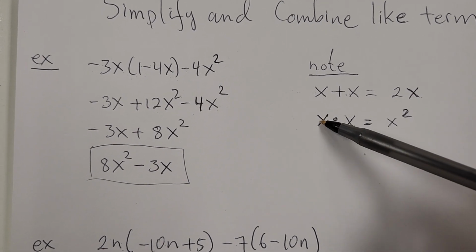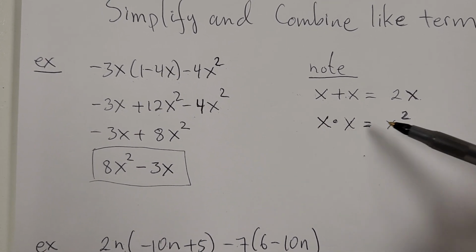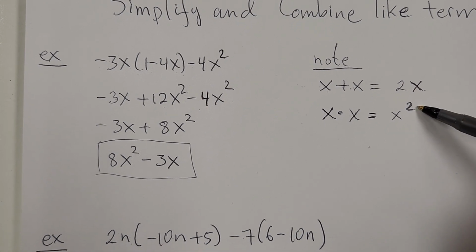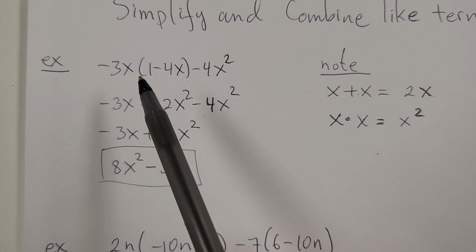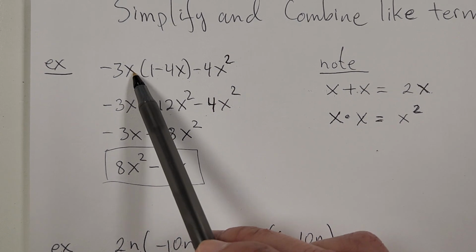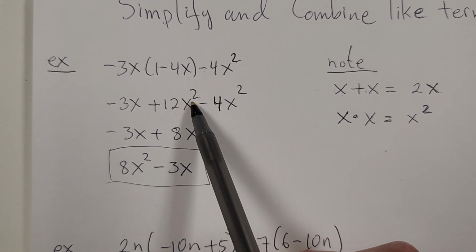X times x times x gives me x to the third power. So be very careful, just like what I did here. X times x gives me x squared.